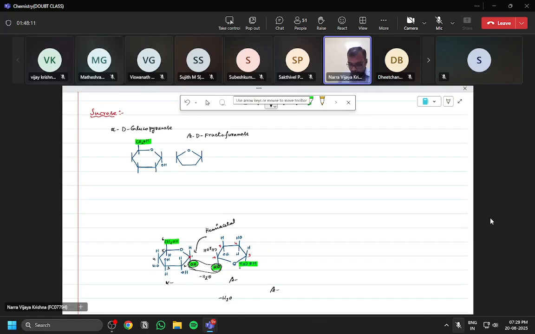This CH2OH and this OH are on the same side, so beta form. Here they are on opposite sides, so alpha form. So I am writing the remaining things as they are. I am writing CH2OH here, OH here, this side H, CH2OH.